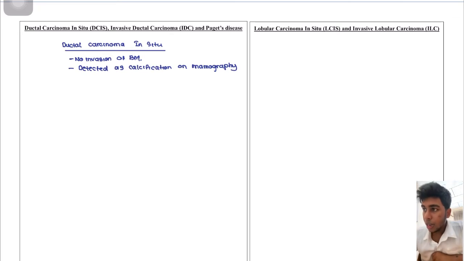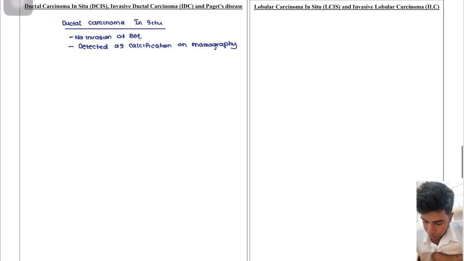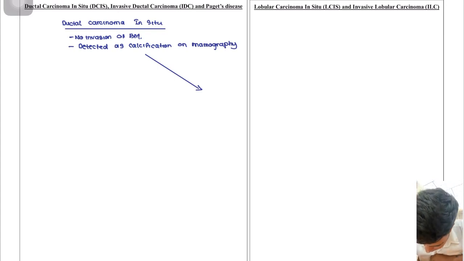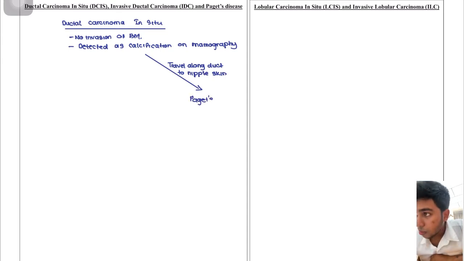Okay, next I will talk about the types of it. First, let's take the version in which some cells travel along the duct to the nipple, to the skin of the nipple. This is called Paget's disease. Okay, this is important.